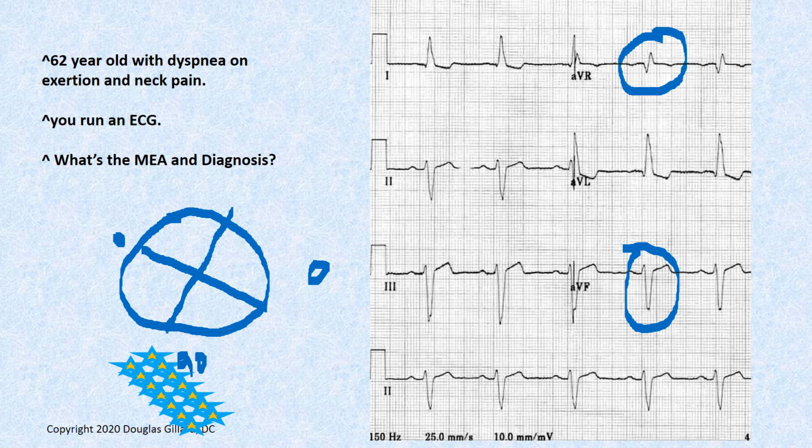All right, so which way is the current running? The perpendicular is what we use. Is it running this way or this way? Who's down here? That's limb lead 3. If it's heading toward limb lead 3, it should be positive. Is limb lead 3 positive?